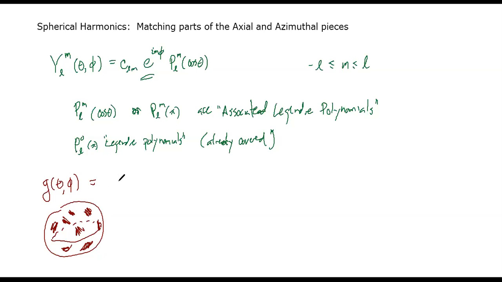This can be expressed as a sum of spherical harmonics. So spherical harmonics are complete. The problem with them is that there's a little sum inside the bigger sum, but aside from that, they work exactly the way you would think.